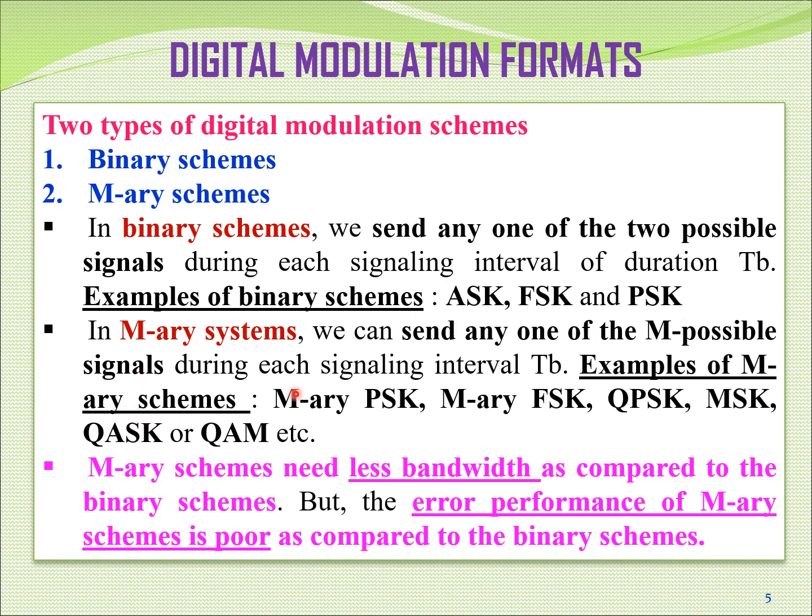In the case of M-ary, we can send any one of M possible signals, and the examples are M-ary PSK, M-ary FSK, QPSK, MSK, QASK or QAM, and so on. M-ary schemes need less bandwidth as compared to binary schemes, but the error performance of M-ary schemes is poor as compared to binary schemes.